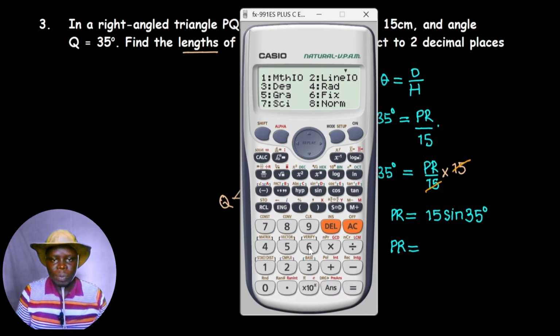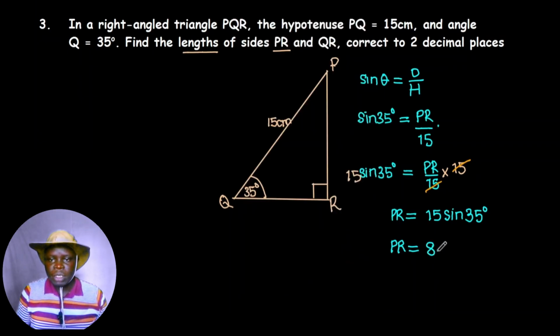From 6, we punch in 6, and the calculator will ask us what number of decimal places do you want to fix your calculator. For this case, the question is asking us to make 2 decimal places, so we can punch in 2, and our result is 8.60. So we write it here, 8.60, and we take the unit of this length, and that is centimeter. That becomes the result for PR.